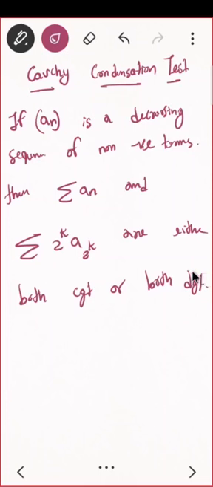Okay. That means the summation of an and this summation are both convergent, or both divergent.